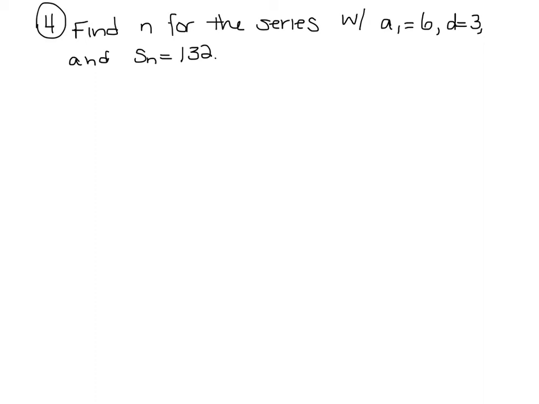Okay, so I see that S sub n, so I'm going to start there. I know S sub n equals n over 2 times the quantity of a sub 1 plus a sub n. Well, let's fill in what we know. 132 equals n.